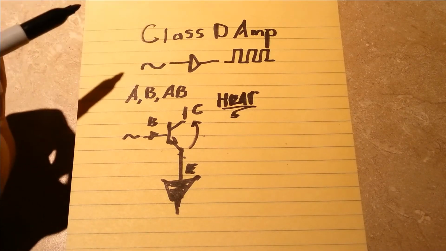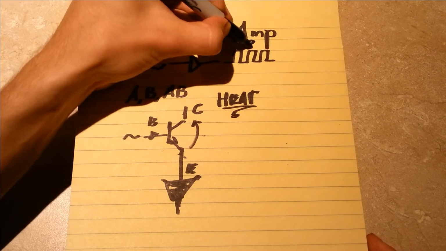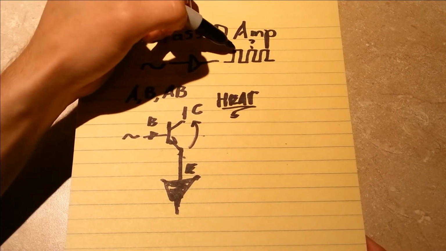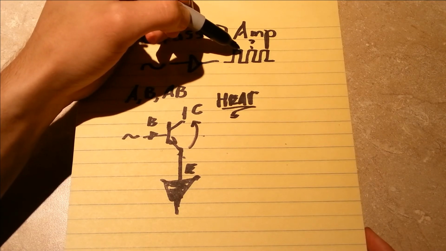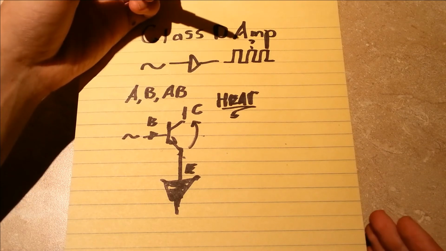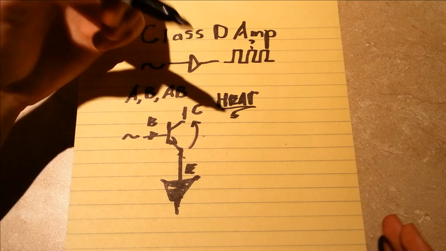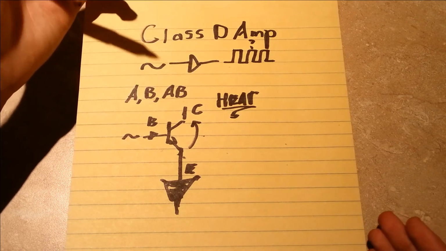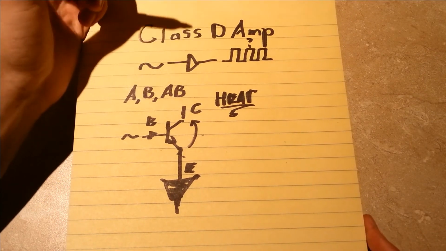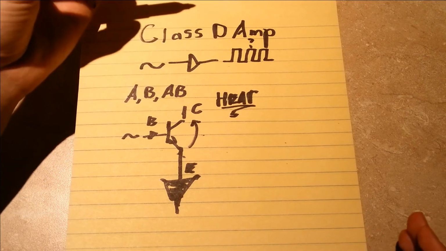Class D amplifiers, on the other hand, convert the analog signal to digital so that the transistor spends all of its time in the on state, fully on, where the resistance is nearly zero and no energy is burned, or in the off state, where of course the resistance is infinity and no current flows at all, so no energy is burned. And so the efficiency is high.